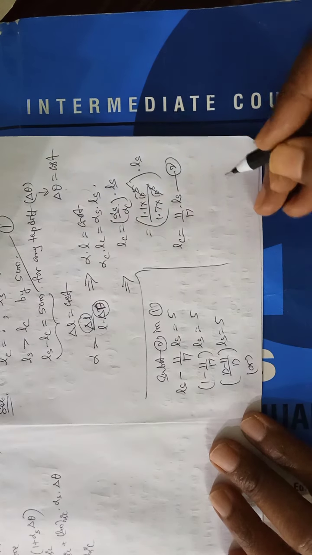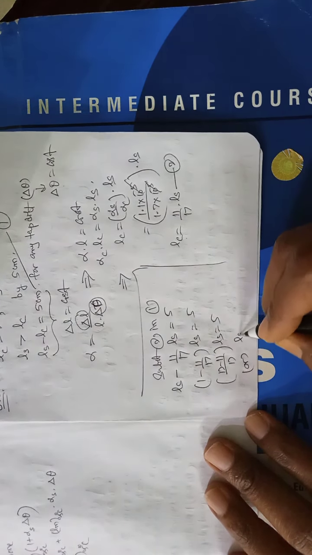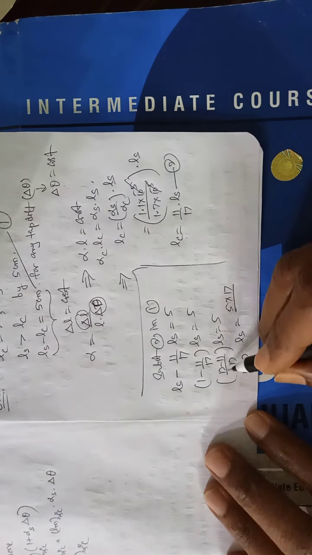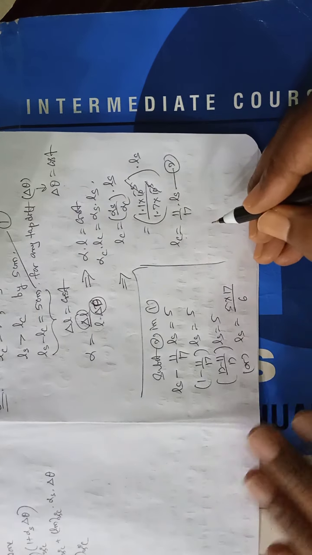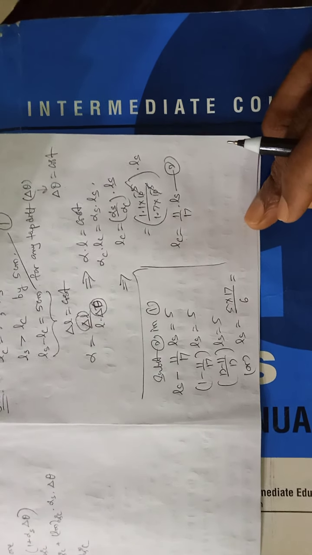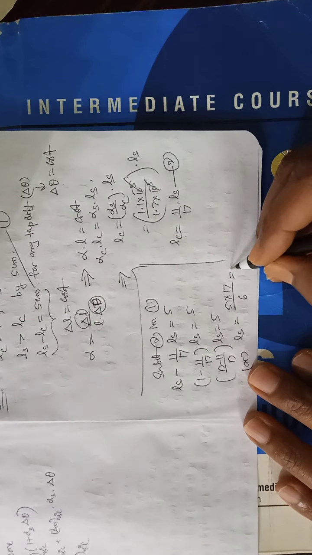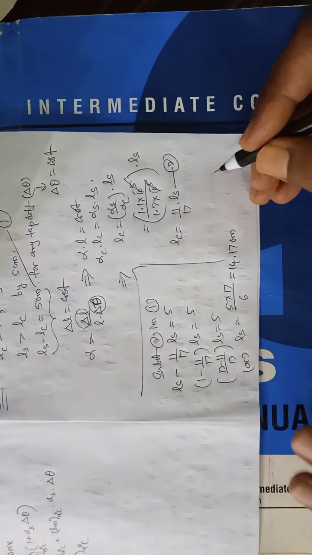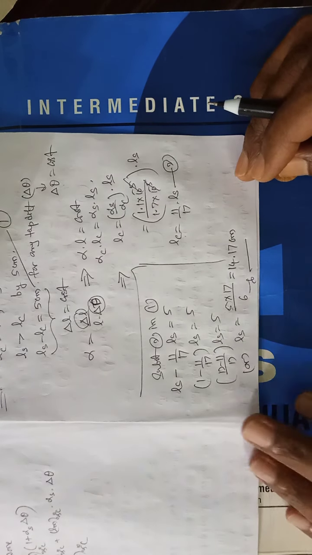Or LS is equal to 5 into 17 by 6. We got the length of the steel rod.